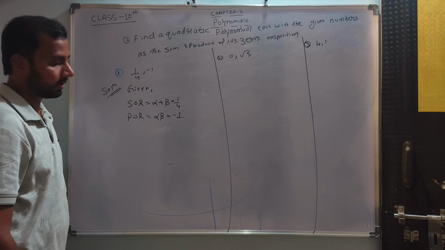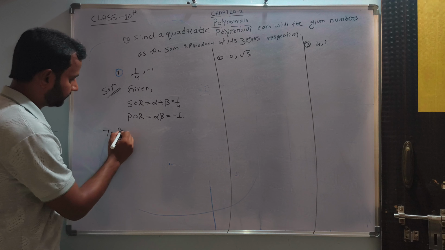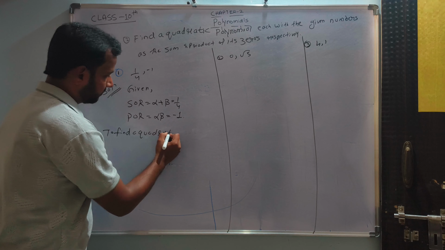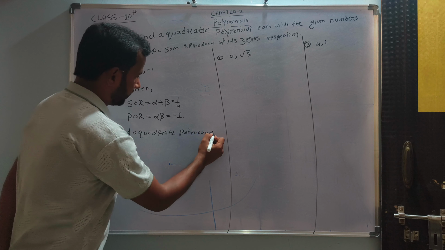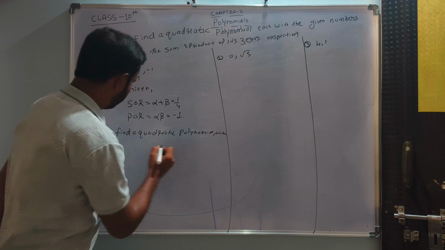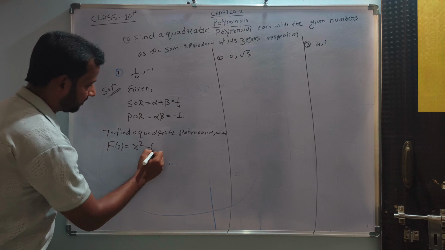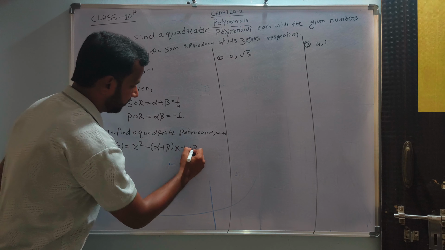Is it clear? Okay. Next, to find the quadratic polynomial, we have f of x equal to x square minus alpha plus beta into x plus alpha beta.